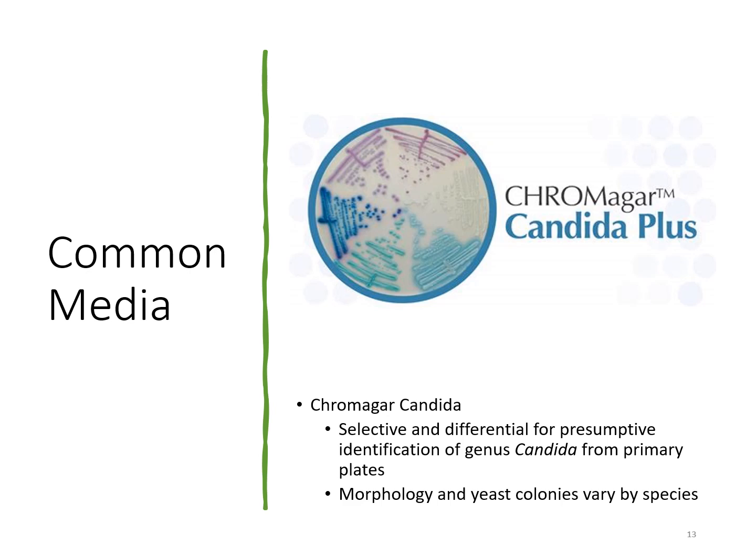For the Candida species, there are some plates that are differential. They are made to distinguish one of the Candida yeast species from the other. And you will base how it grows on the plate by the morphology of the colonies and the color that it produces growing on those plates.